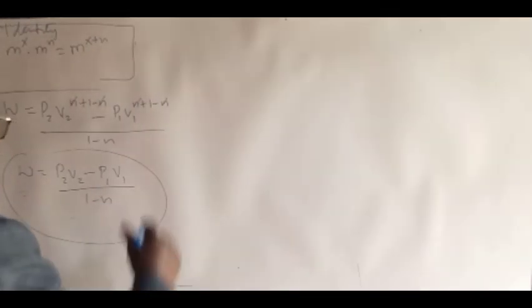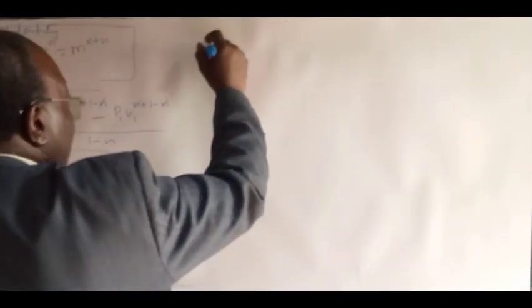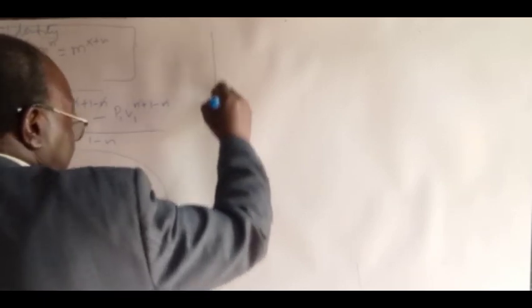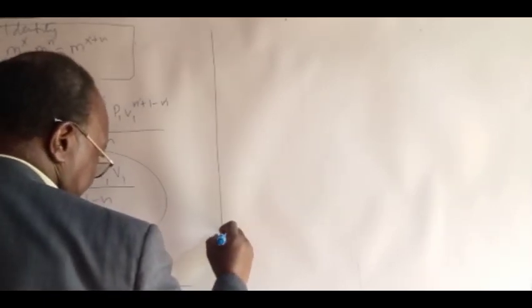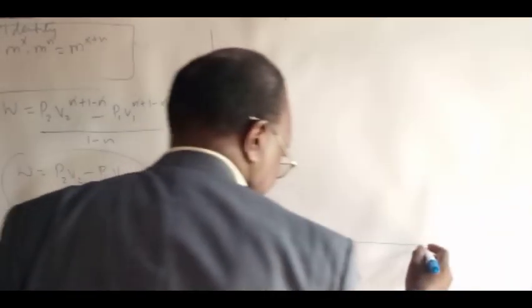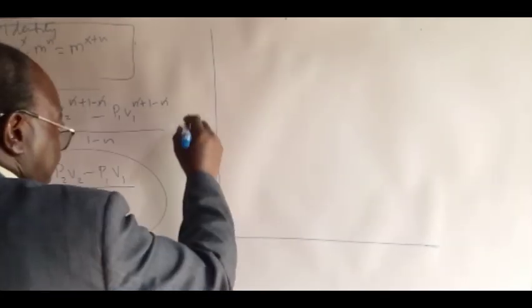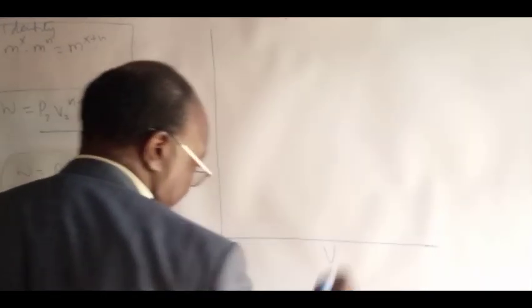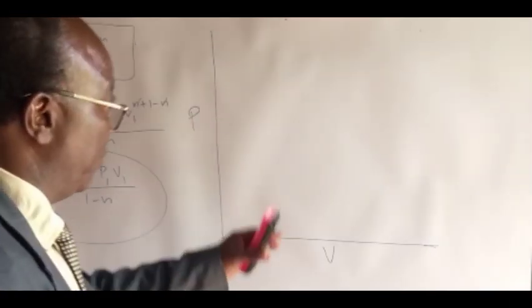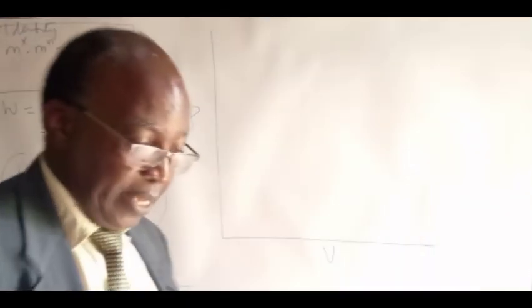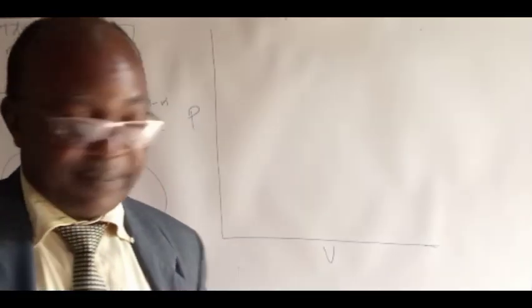Now, when we draw the pressure volume profile for these polytropic processes, pressure versus volume, remember, that's an indicator diagram. And the area under that curve is work.